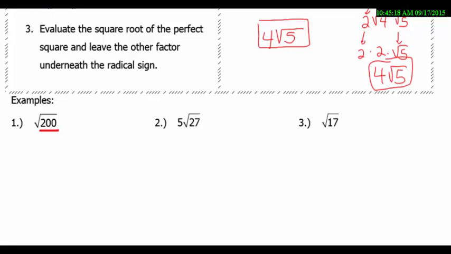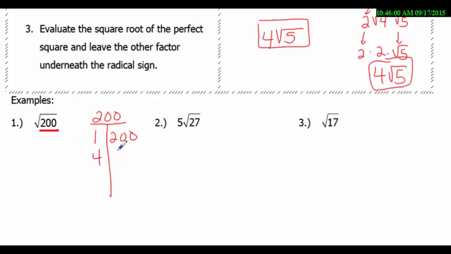So the way that we do this is by using the steps we did before with the square root of 80. We're going to find what perfect squares 200 is divisible by. Well, 1 works because any real number is divisible by 1. The next perfect square that works is 4.